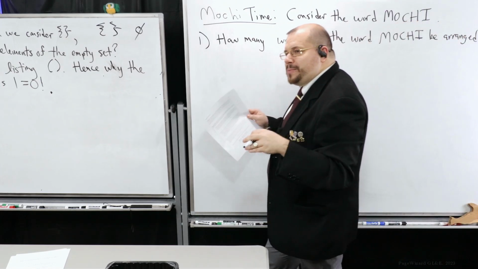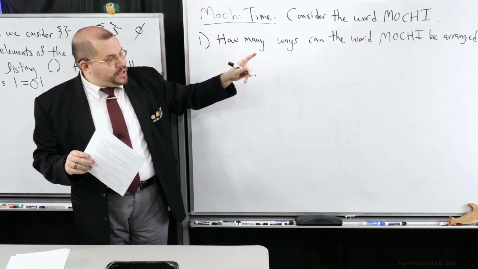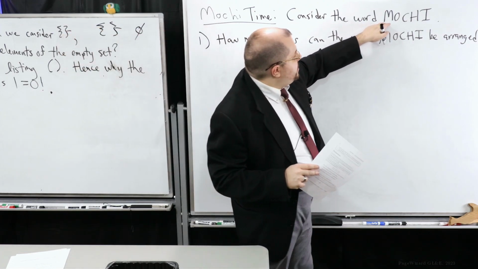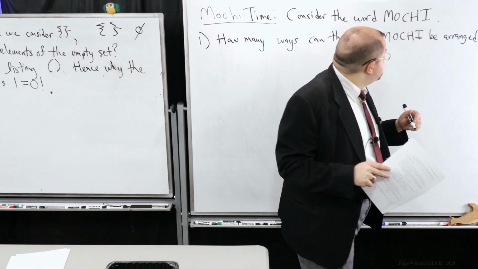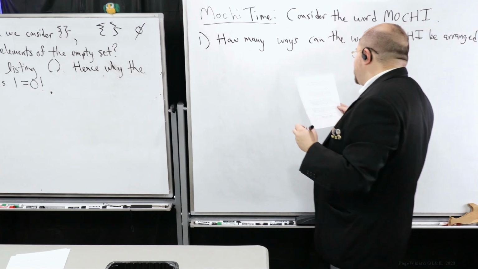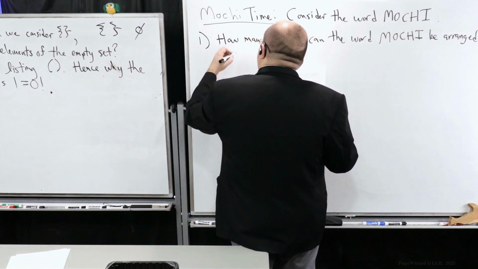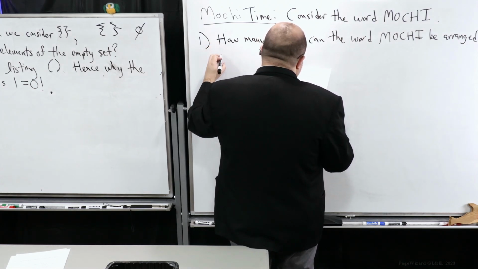Remember that in this word here, there's something rather important I really want you to take note of, which is that each of these letters in this word are actually distinct. Do you see that none of them repeat each other? So an equivalent way of reformulating this is as follows.